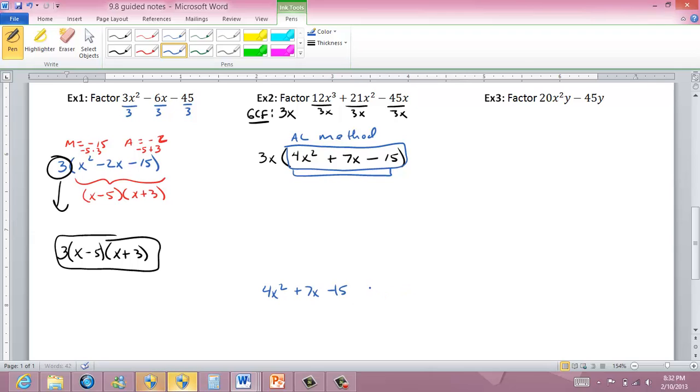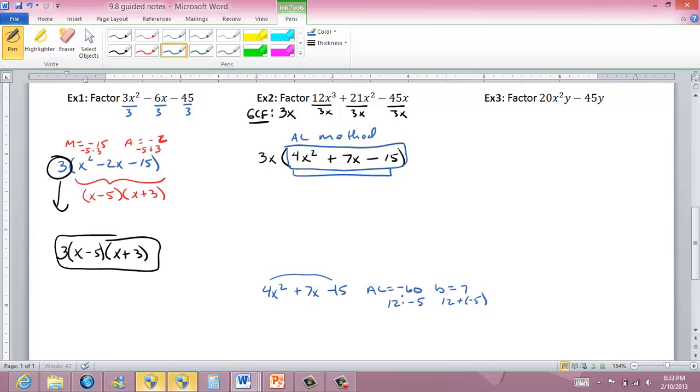Now, if I multiply A and C, I get AC is equal to negative 60, and my B is 7. Well, what numbers multiply to give me negative 60 and add up to 7? Well, looking at that, I would say, let's see, 12 times negative 5, because 12 plus negative 5 adds up to 7.